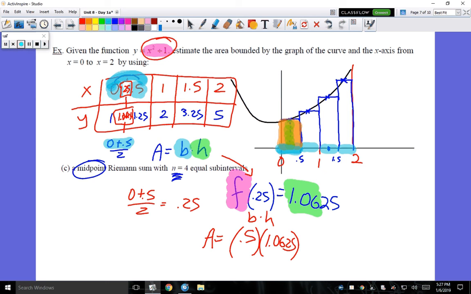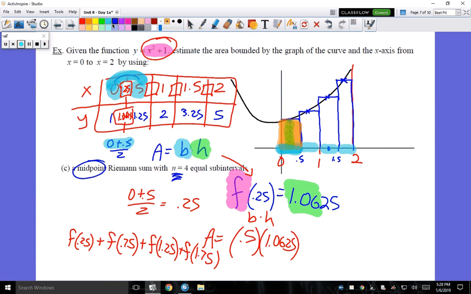So in this case, we're doing f of 0.25, my first y value, which equals 1.0625. Then we add that with f of 0.75, and we keep adding: f of 1.25, and last but not least, f of 1.75.